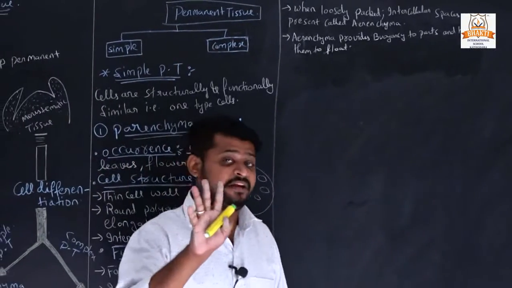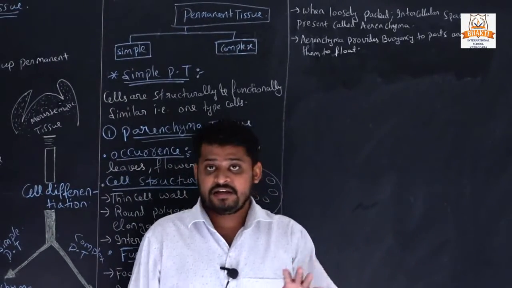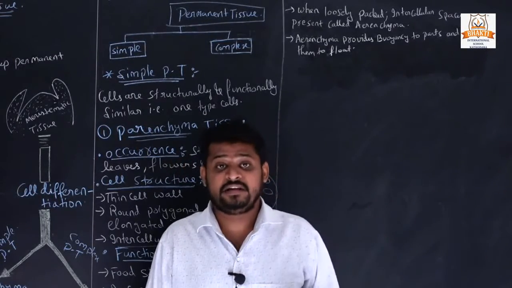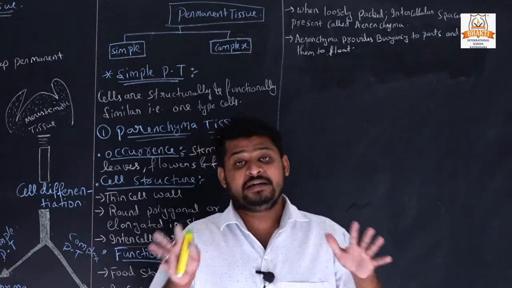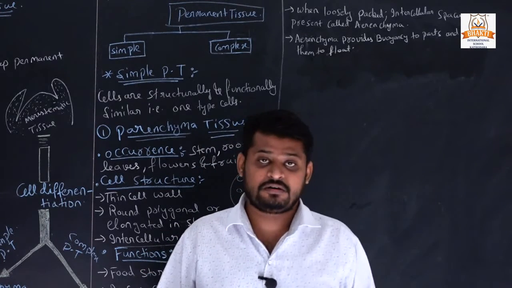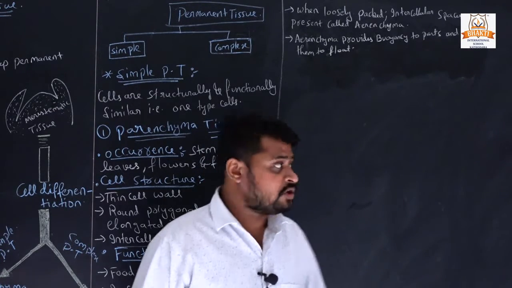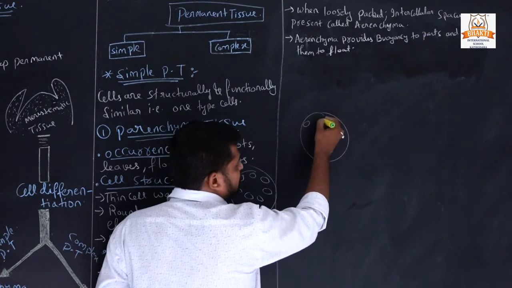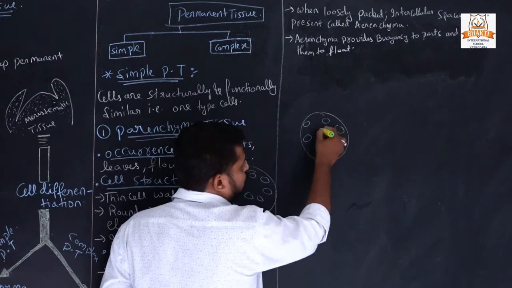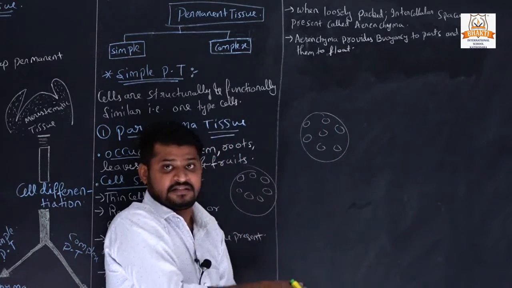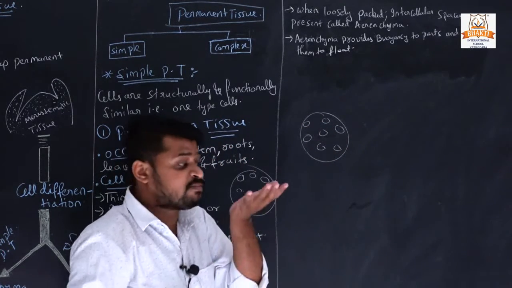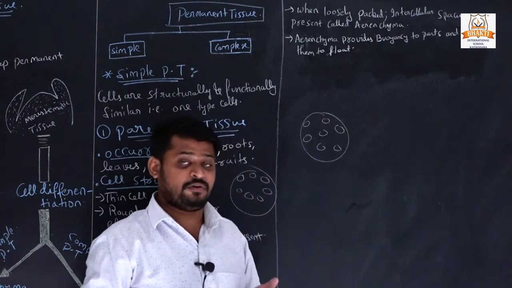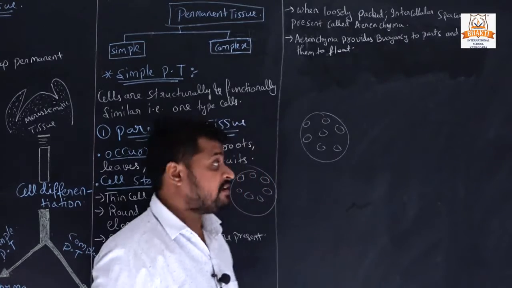I will give you one example, then you will understand. Lotus and water lily continuously float on water. Even if the water is very deep, they still float. Why? Because in some tissue the cells have so much intercellular space that it provides buoyancy, the ability to float on water.